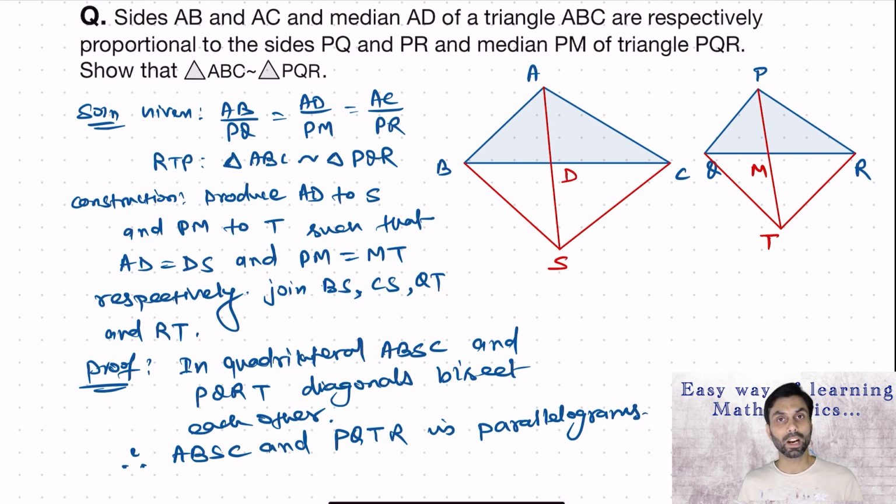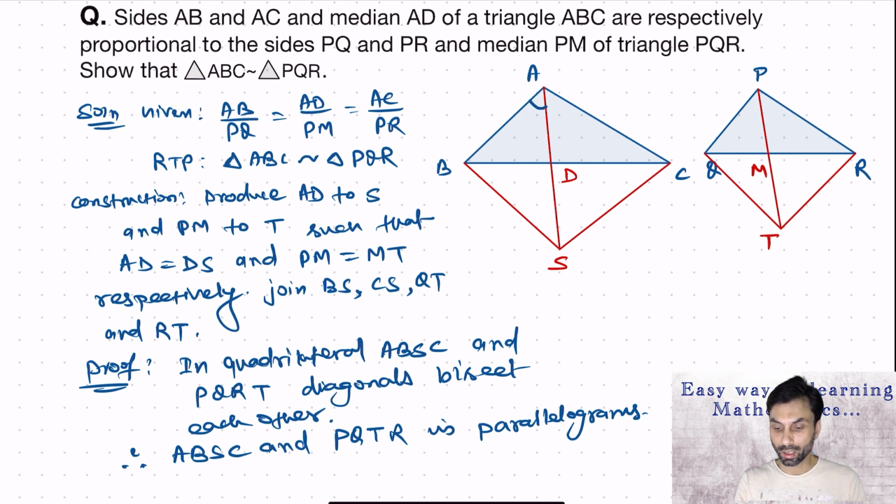Now, since it is a parallelogram, we know that in a parallelogram opposite sides are equal, and we are going to use those concepts here. Now, we are going to prove first that triangle ABS is similar to triangle PQT, and similarly triangle ACS is similar to PRT.